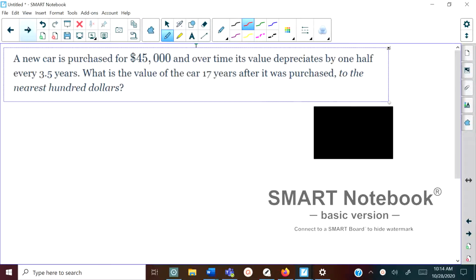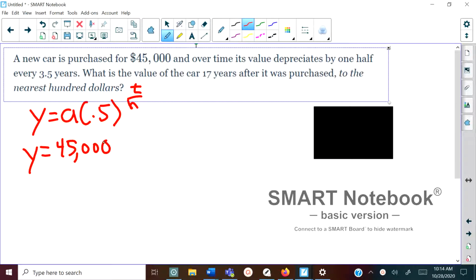This one is a half, so we're going to use the half formula, which is y is equal to a times 0.5 raised to the t over h. Okay, and we're going to plug in everything we need. So the y is going to be our answer here, and a is where we're going to begin, 45,000.